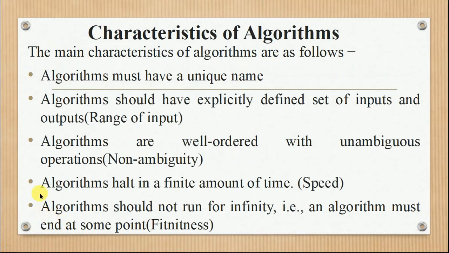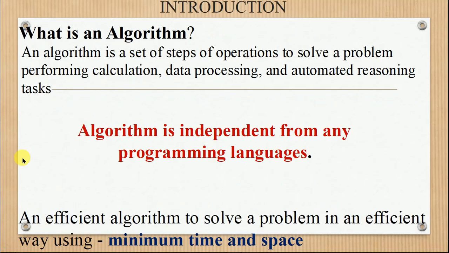So that is our intention. My concern here is the efficiency, or the performance. The better performing algorithm is the one I need to select, the one that requires minimum time or minimum space.